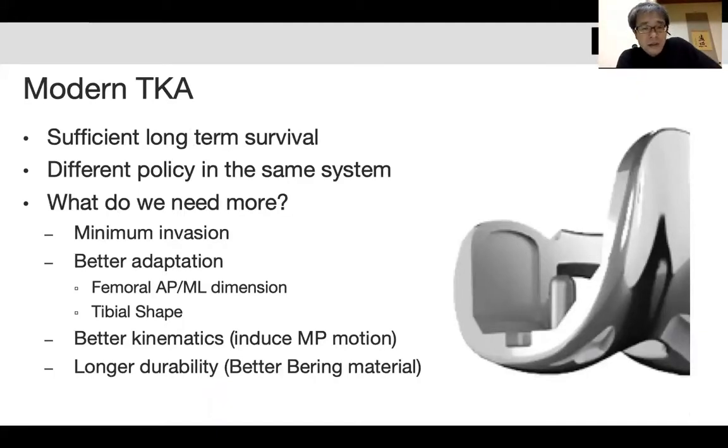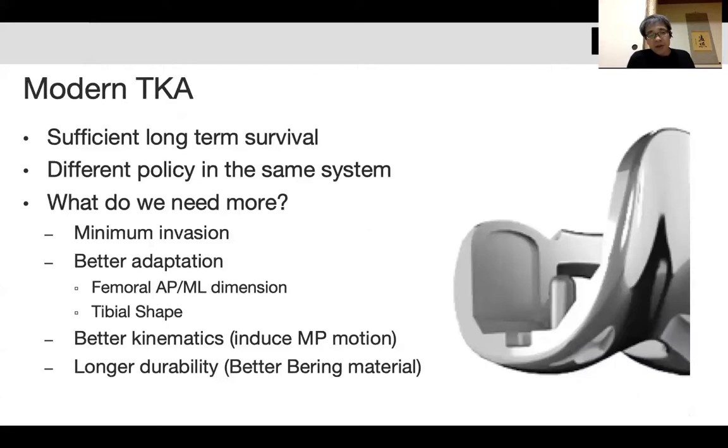It has sufficient long-term survival. This is due to improvement of the material, for example, low wear rate polyethylene and very good shape of both the polyethylene and the femoral component. So we can use different policies, both the anatomical approach and the functional approach, in the same system. So we can convert to another cutting policy during the operation.